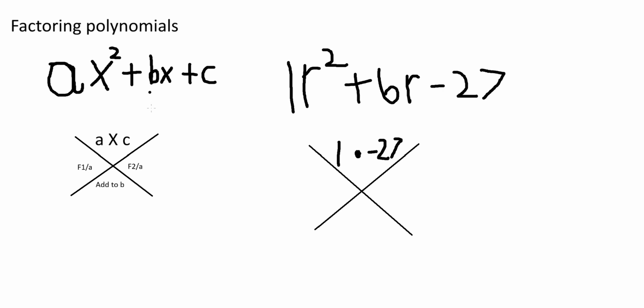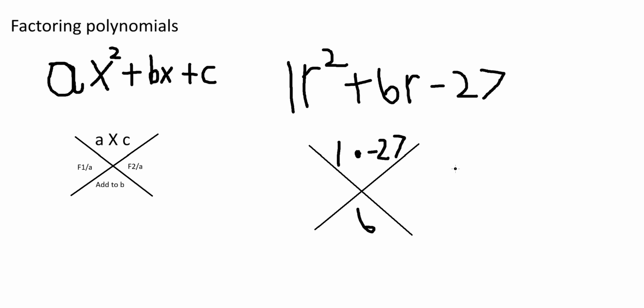And now our b value must add up to b, right? So our b value is the one that's in the middle, right next to the x. So right here, you'll see this is our b value, 6. So we have 6 right down here.